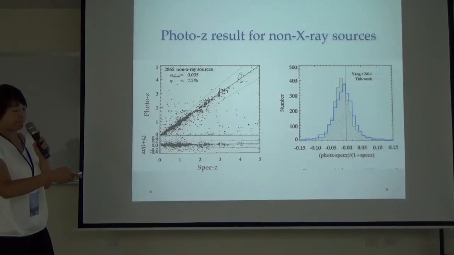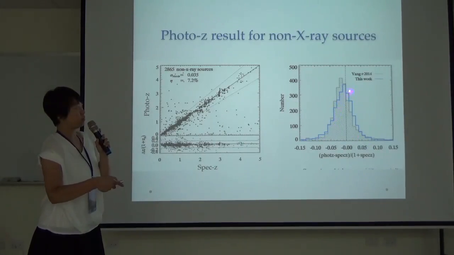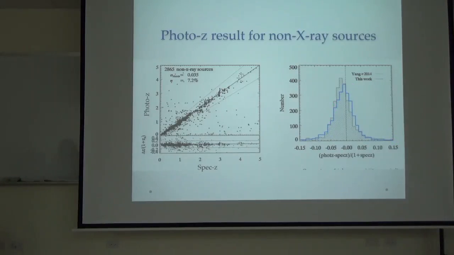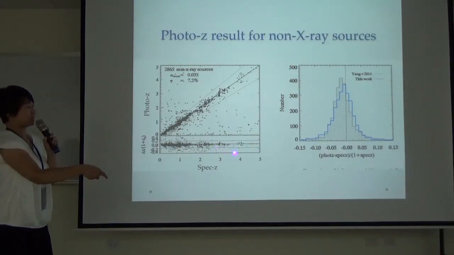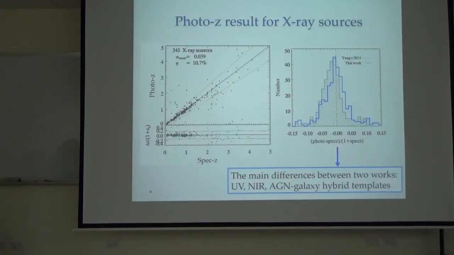We compare our result with Young 2014. We slightly reduce the bias; we are more centered at 0. The y-axis is the difference between photo-z and spec-z. And then this is the result for the X-ray sources.